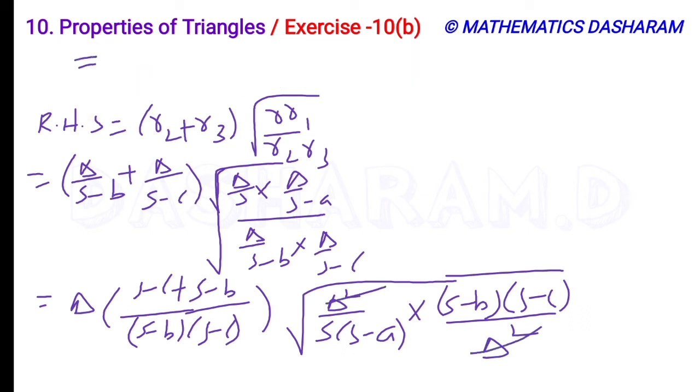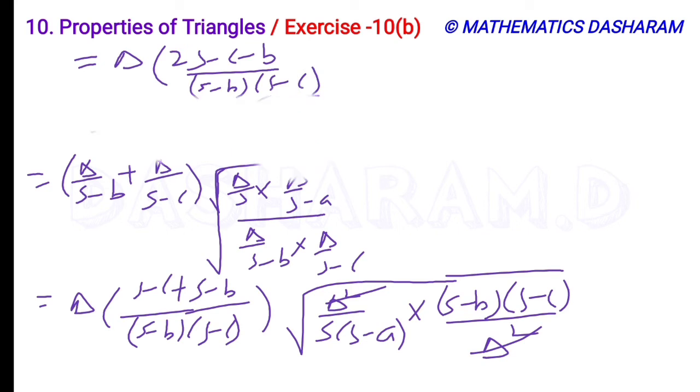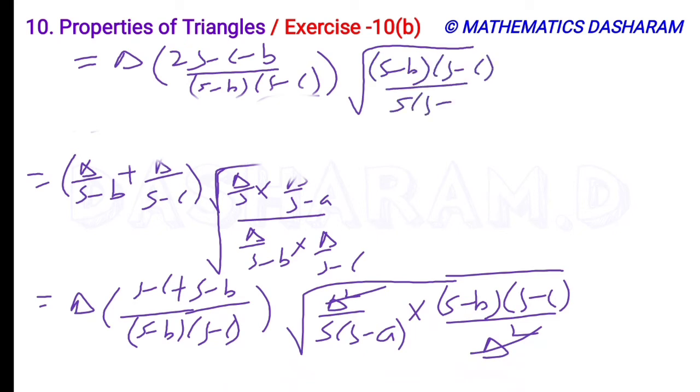So it is equal to delta bracket of s plus s, 2s minus c minus b, divided by (s - b) into (s - c), under root (s - b) into (s - c) divided by s into (s - a).